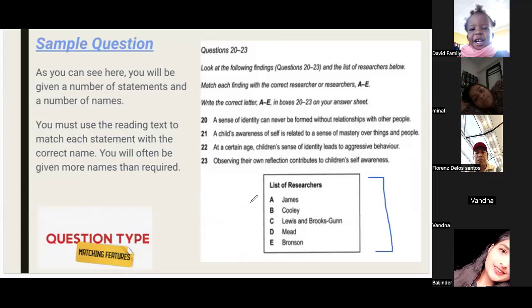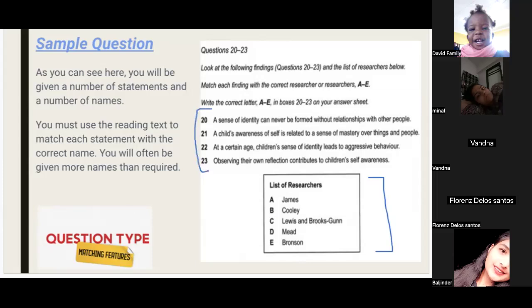You have to read the passage and then check which statement is said by which person. Okay, who said which statement? See, there are 4 questions, but the names of researchers are more. So do not worry about it. You have to look for only these 4 statements. Got it, everyone?